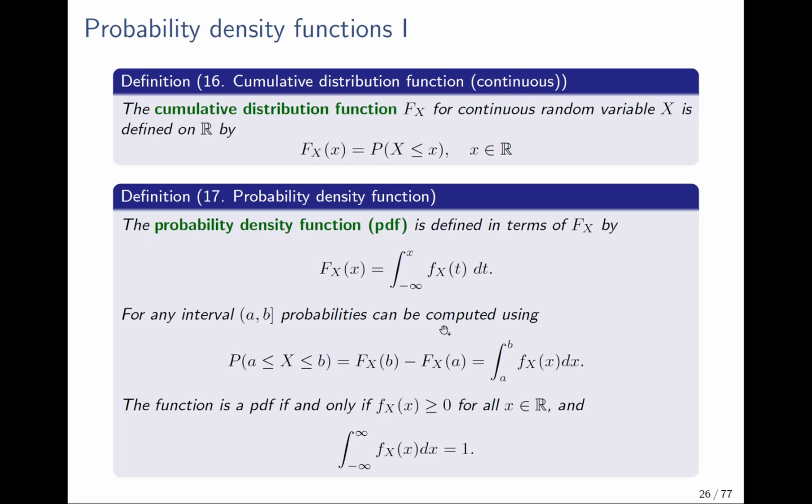So that's how it works, and all we've used is basic calculus in order to get from this expression here to this expression here, which defines the probabilities in terms of the probability density function.